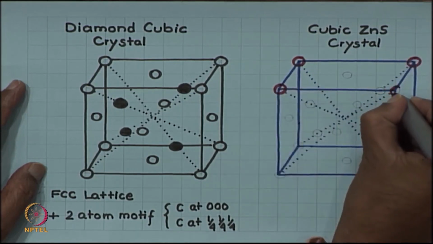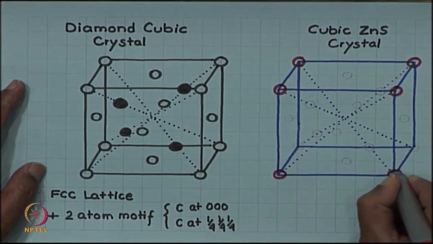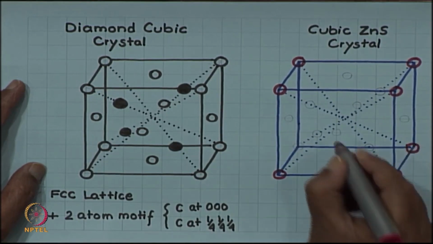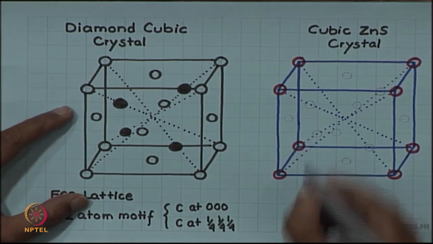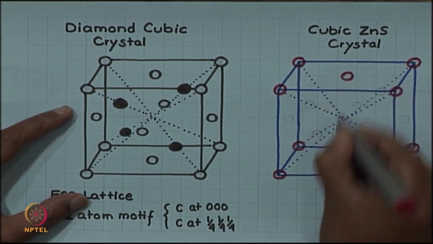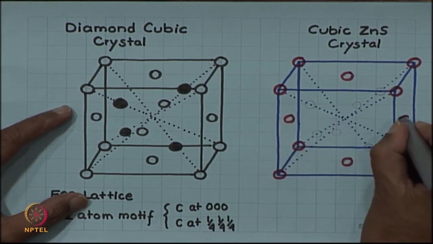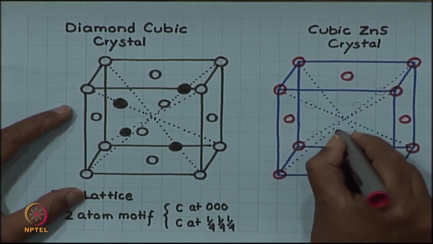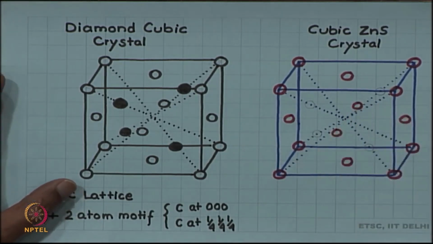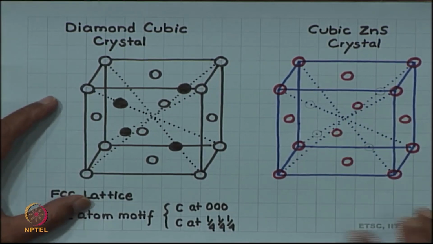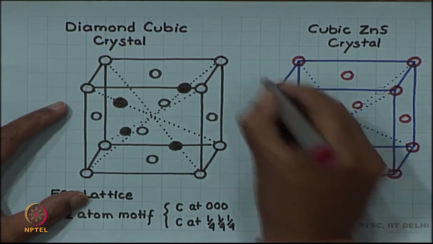I am placing the red sulphide ions first on the corners of the cube, and then on the face centers: the top and bottom face centers, the left and right face centers, and front and back face centers. So, this completes the locations of the sulphide ions.